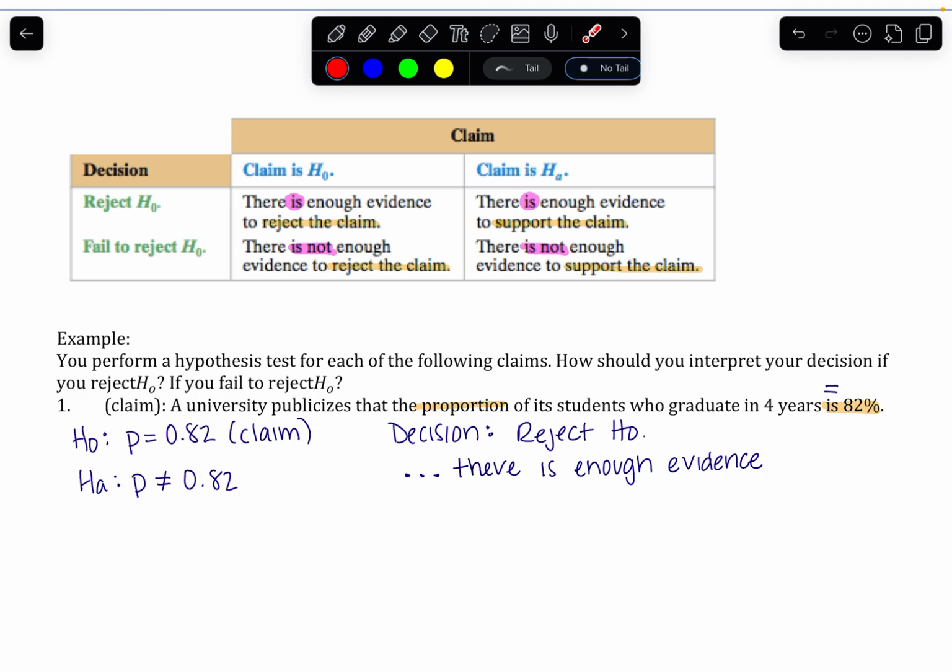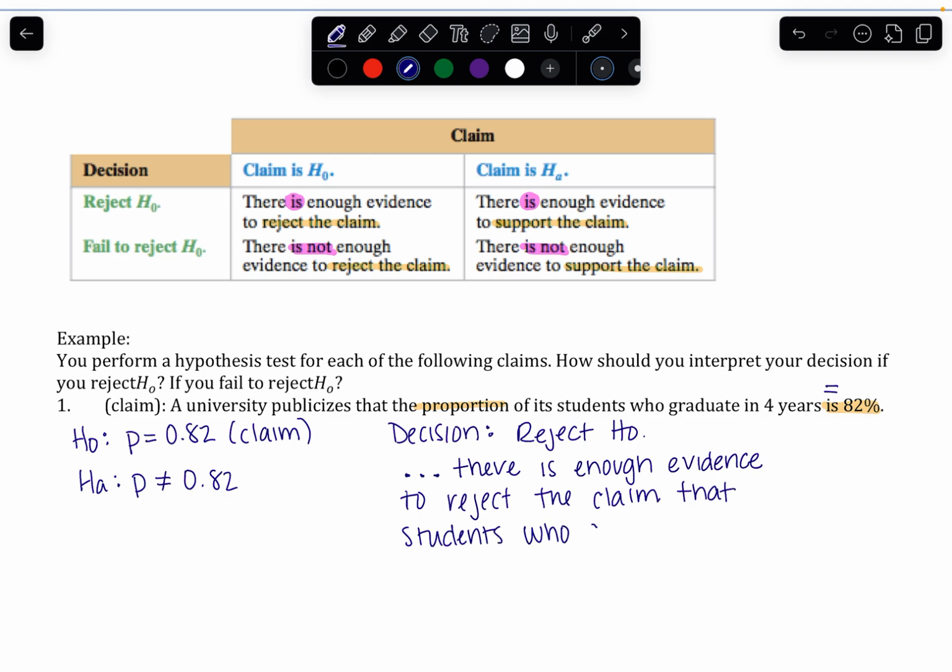Our claim is in our null hypothesis, and since it's in our null, we're going to reject the claim. So there is enough evidence to reject the claim, and then I want you to go ahead and state what that claim is. So the claim that students who graduate in 4 years is 82%.